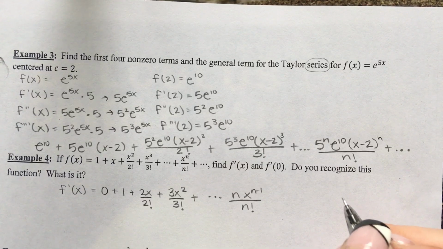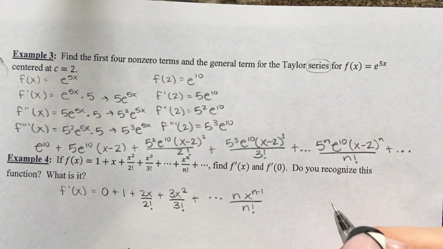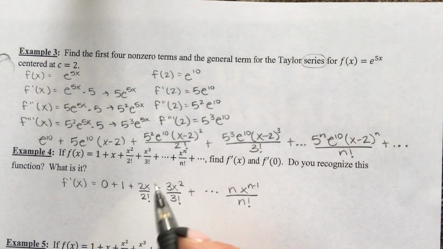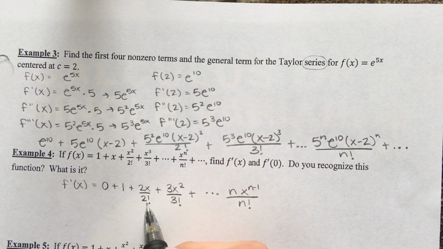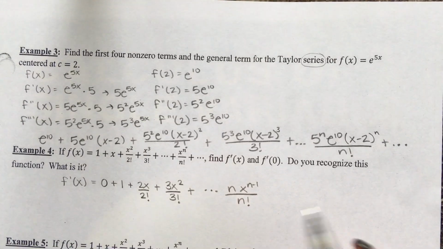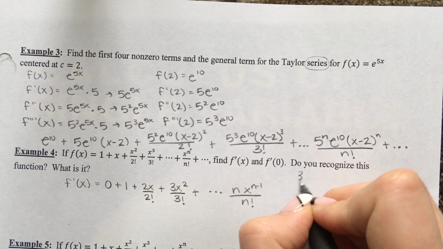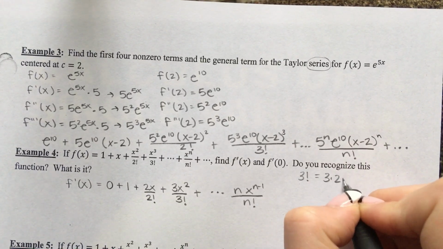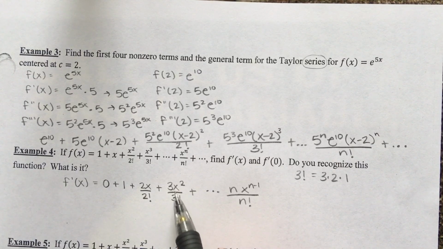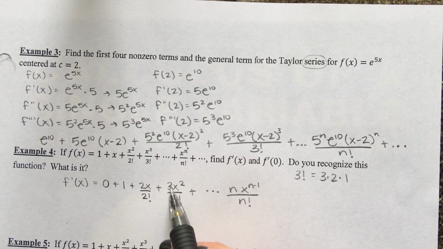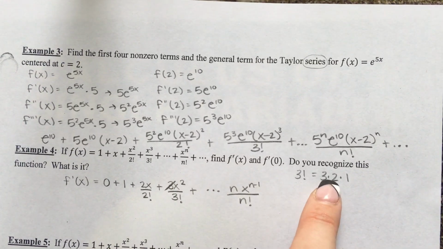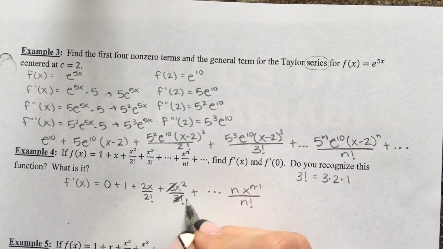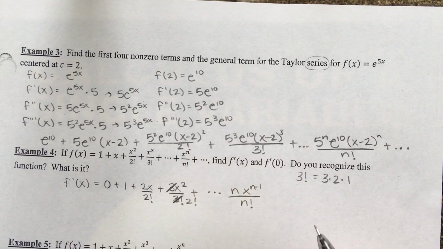So there is our derivative right there, and if you simplify this a little bit, let's just think about how our factorials work. So 3 factorial is 3 times 2 times 1. So if I cancel out 3 with the 3 in the front, then that would leave a remainder of 2 factorial.